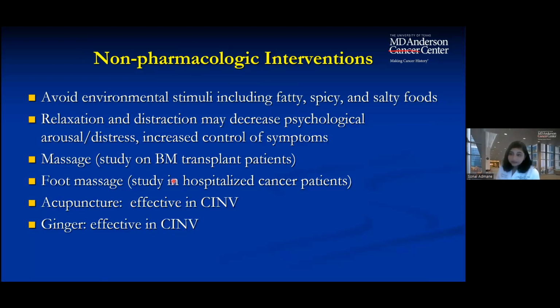Dr. Salins gave an excellent review on non-pharmacologic treatments, but some of the ones that we use in our practice include acupuncture, which has some benefit in chemotherapy-induced nausea, vomiting, and then really behavioral techniques to help with other external stimuli which are causing the symptoms of nausea.